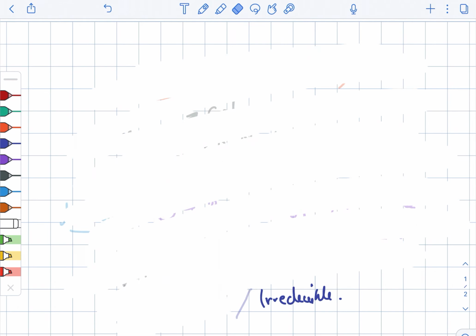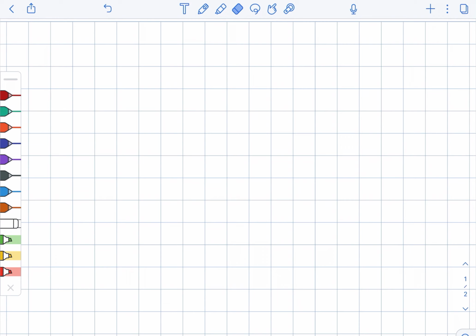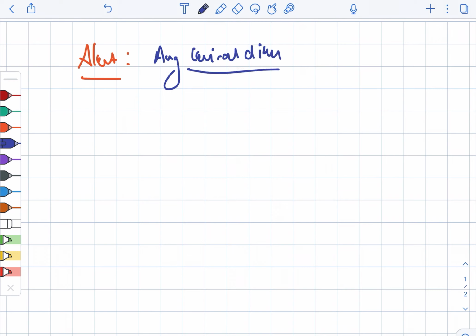Next we are looking at the alert line. The alert line basically reflects the average rate of cervical dilation of the slowest quintile of term primigravidas.